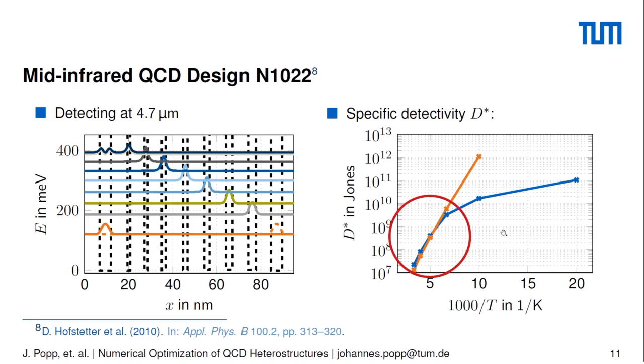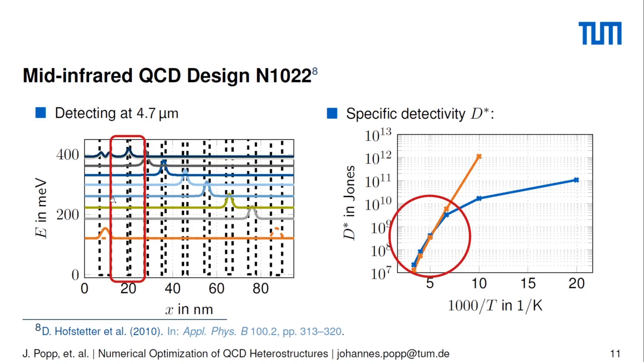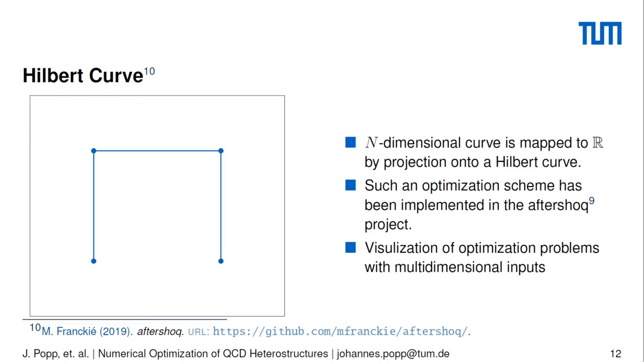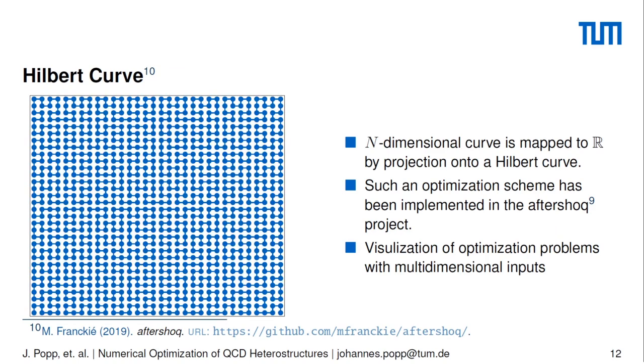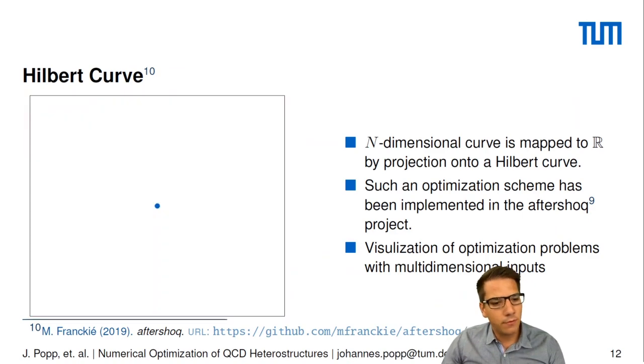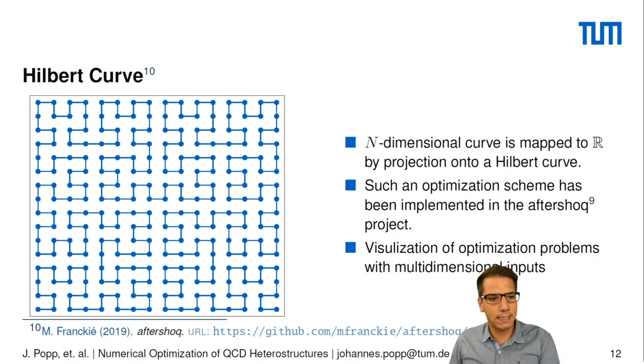And then we start with the optimization by changing the 3 adjacent layers, 2 barriers and one well, to the active well. So we use here a space-filling Hilbert curve to visualize our optimization problem from a multi-dimensional input space.